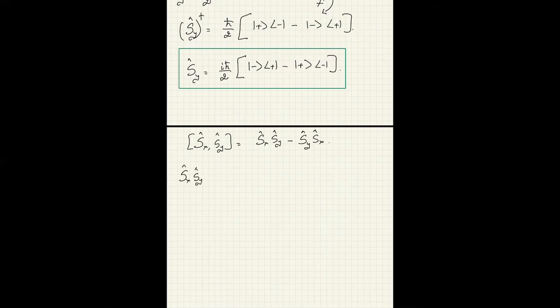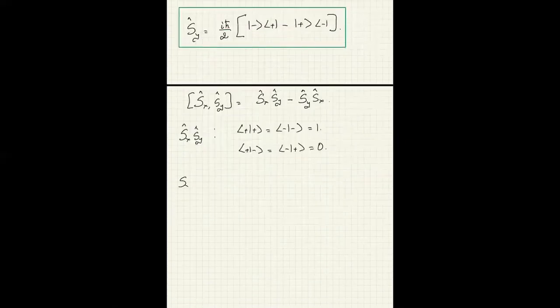Now, when I do this multiplication, I will use certain facts. The first fact that I will use is that the plus and minus states form a complete set. So <+|+> = <-|-> = 1, and <+|-> = <-|+> = 0. This overlap would be 0 because they are orthogonal to each other, right?